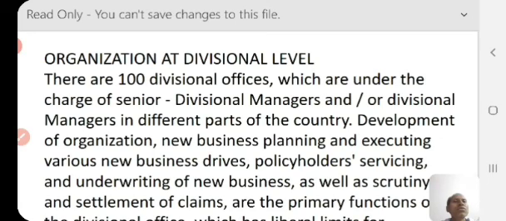These divisional offices do the development of organization, new business planning, different types of new areas, new techniques, new policies formulation, and executing various new business drives.